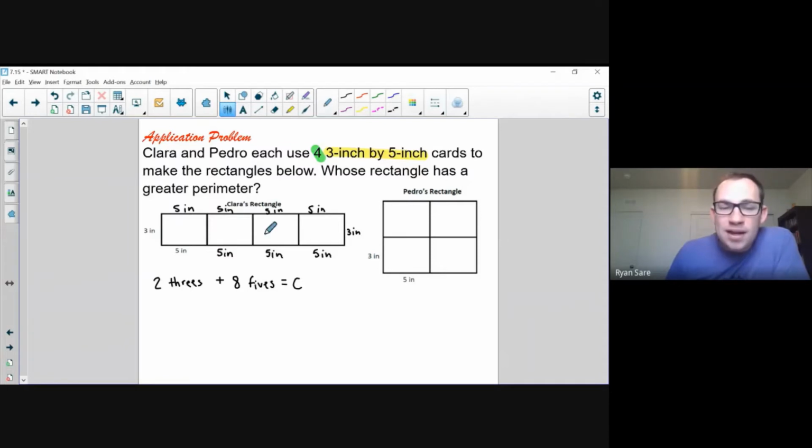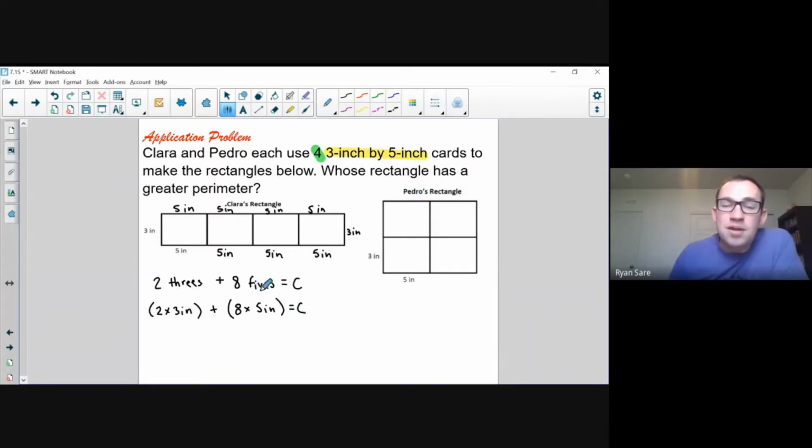Now, another way that I could write this is I could put this in parentheses and say 2 times 3 inches plus 8 times 5 inches. And these all equal the perimeter of Claire's shape.